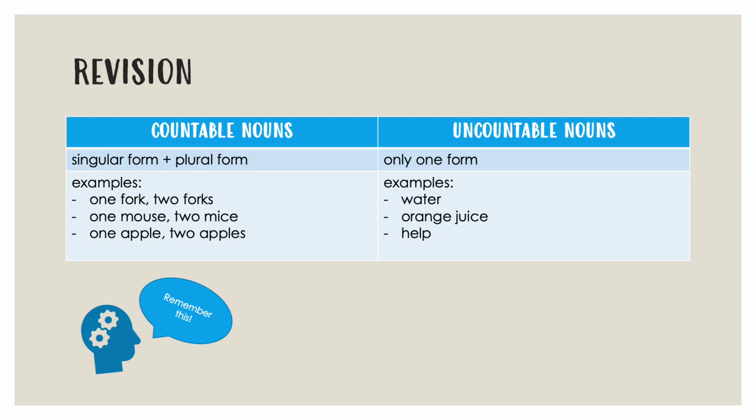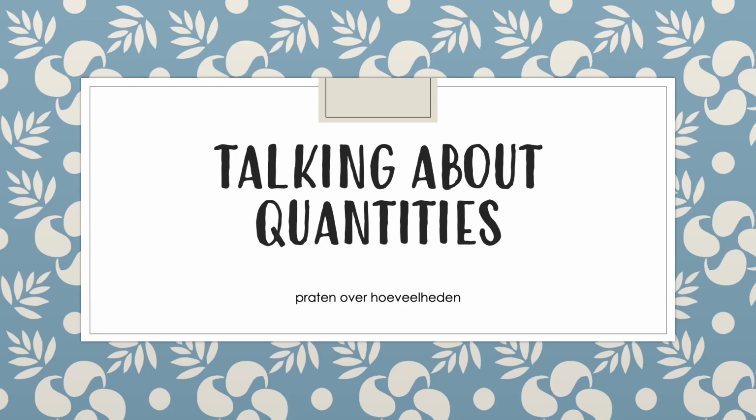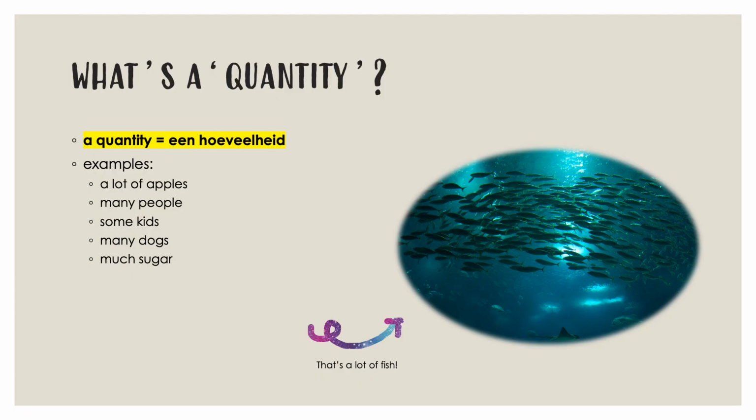Next up in this PowerPoint, talking about quantities or praten over hoeveelheden. If you are going to describe something, if you're going to describe a noun, you often need to tell someone how many there are of that kind. That's when we talk about a quantity. A quantity is een hoeveelheid.